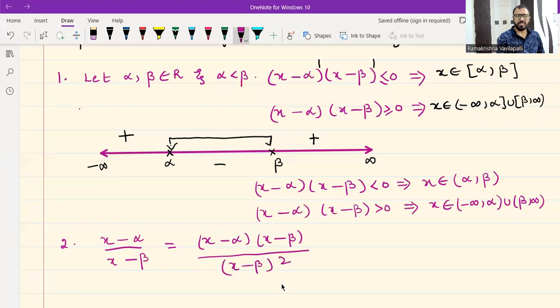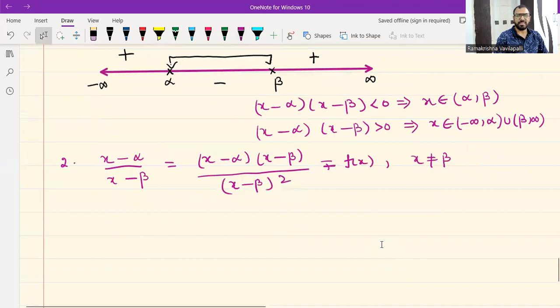Here, of course, x minus beta is not equal to 0. Assume this is f of x, and here x is not equal to beta, because it is in the denominator. Now we want to find out f of x greater than or equal to 0.